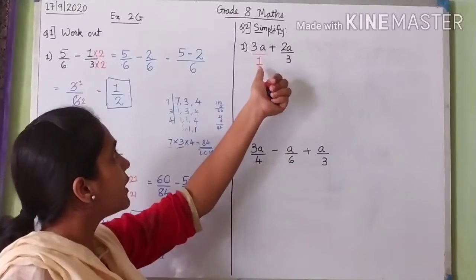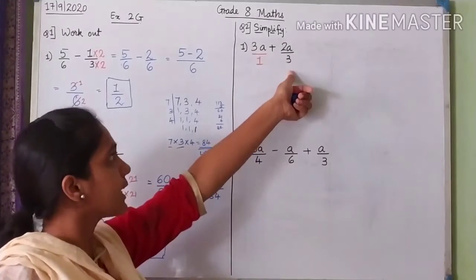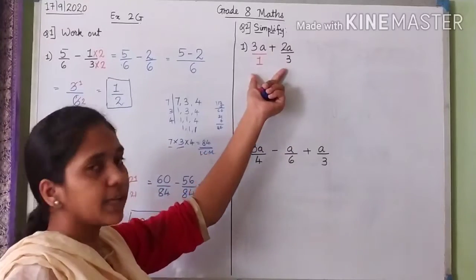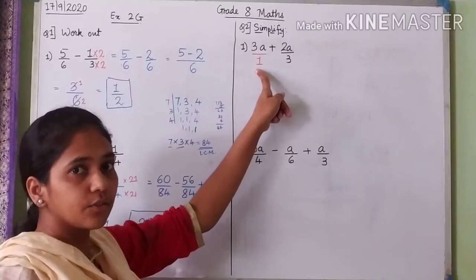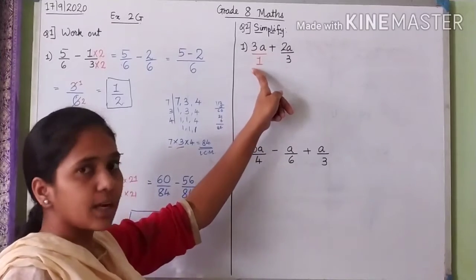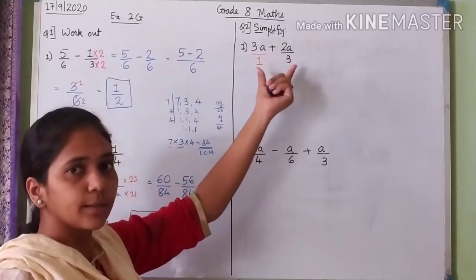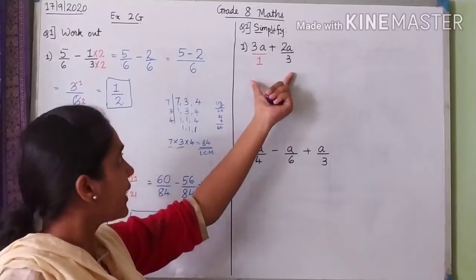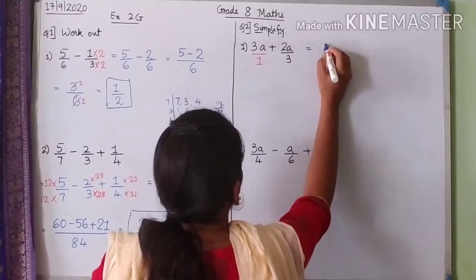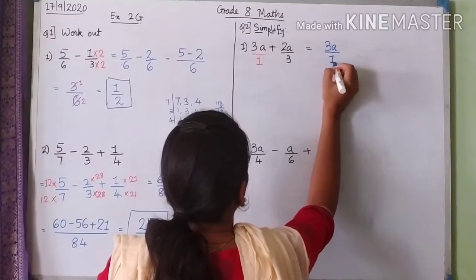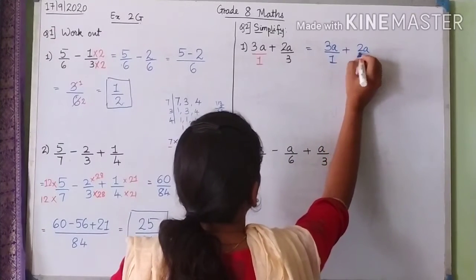The denominator of the first fraction is 1 and the second is 3. If I multiply 1 by 3, I will get 3, and then both become equal. So first I write the fractions 3a by 1 plus 2a by 3.